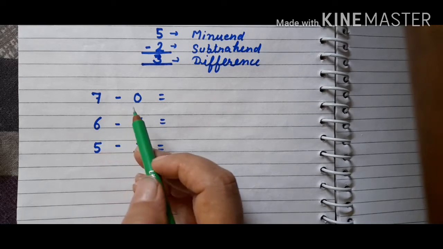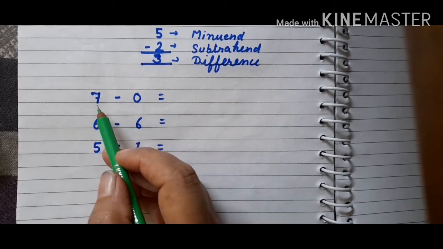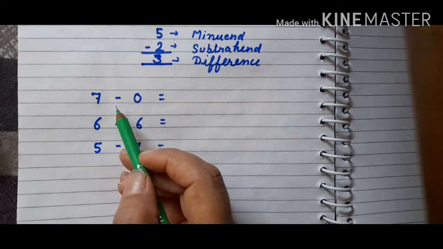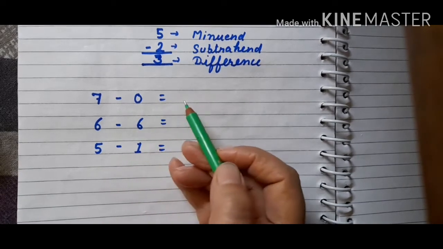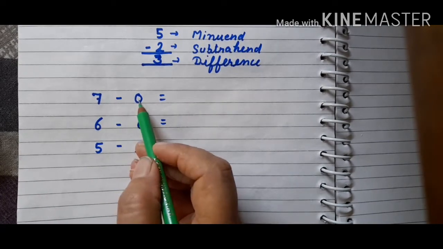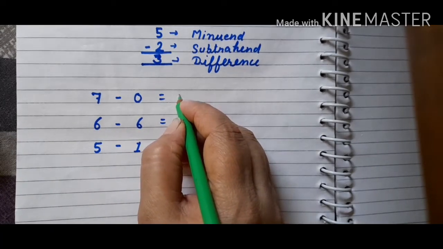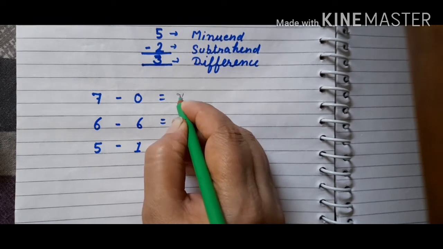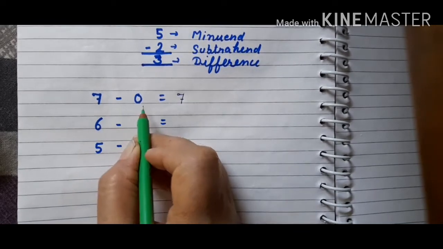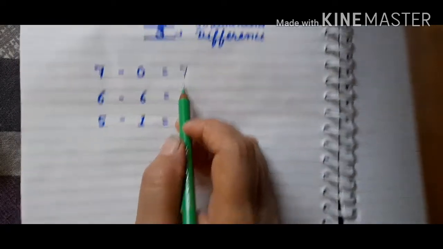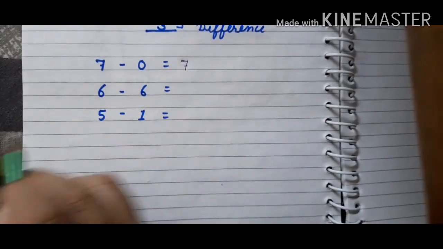So when we subtract 0 from 7, then what will we get? We will get 7. We will get the number itself. So our answer is 7 here.